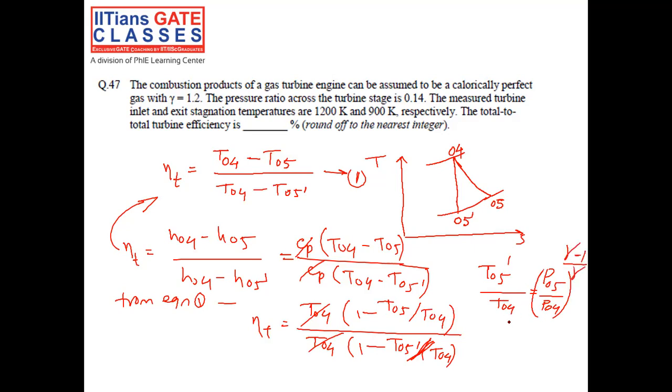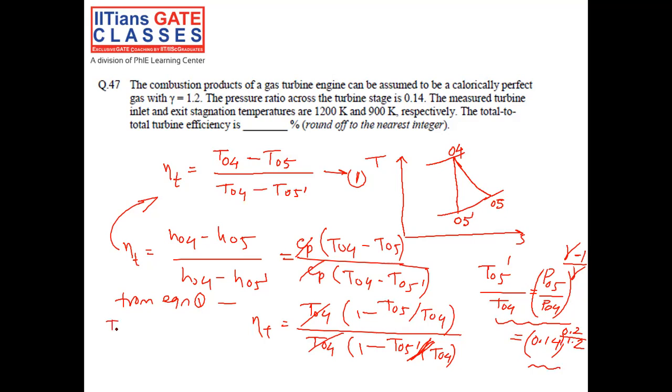This is the isentropic relation of a gas, right? PO5 by PO4 is given as 0.14, so it is 0.14 to the power 0.2 divided by 1.2, since gamma is 1.2.